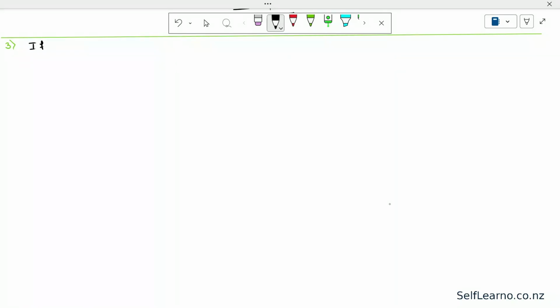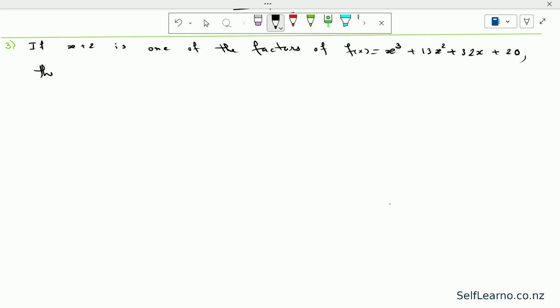If x plus 2 is one of the factors of f of x is equal to x cubed plus 13x squared plus 32x plus 20, then find all other factors of f of x.